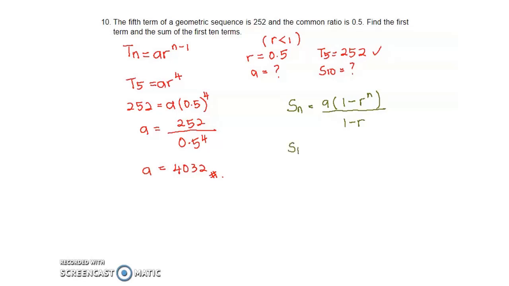For S10, n equal to 10. So 4032 times (1 minus 0.5 to the power of 10) divided by (1 minus 0.5). If we calculate this, we will get 8056.125.